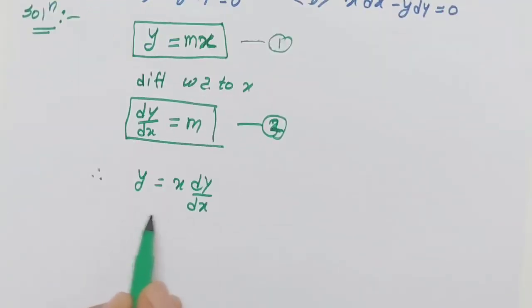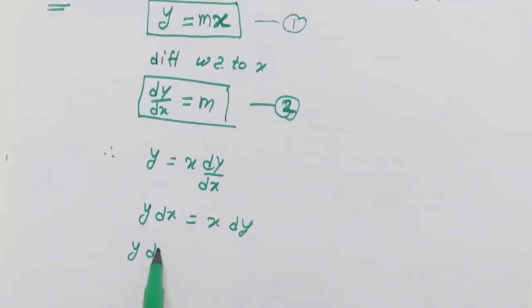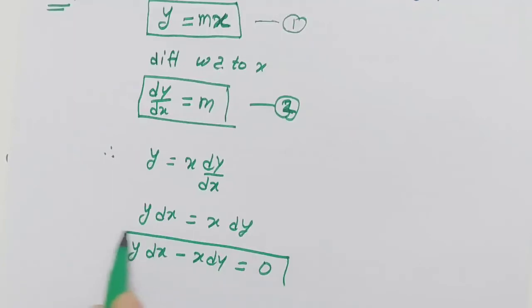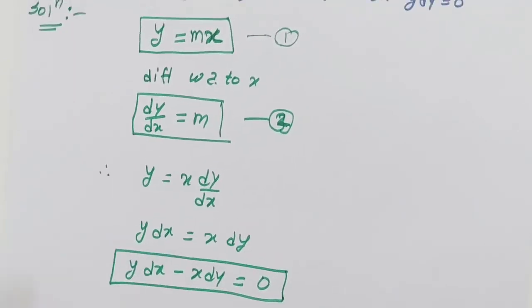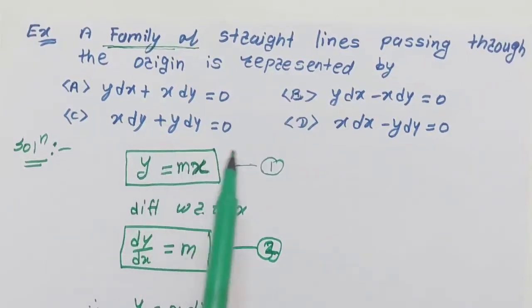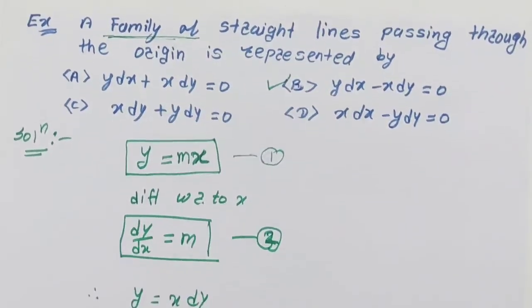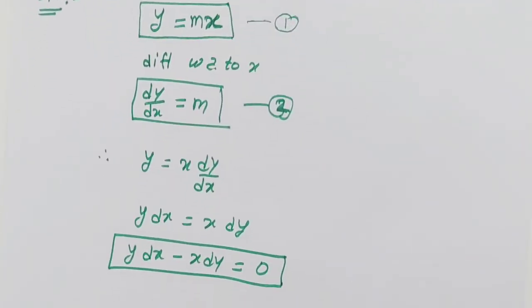Now multiply dx both sides, then y dx is equals to x dy, that is y dx minus x dy is equals to 0. So this will be the answer. Now see in the options, y dx minus x dy equals to 0 is contained in option B. So option B is correct.